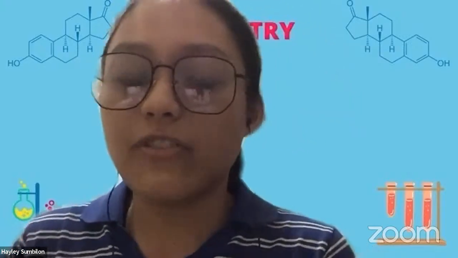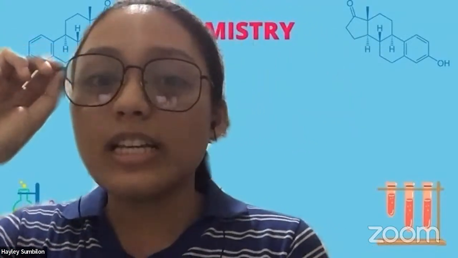Last but not the least, a question from Samantha of Team 2. What is C-reactive protein? So I will answer that question. C-reactive protein is produced by the liver, and it is released when there is inflammation in the body.